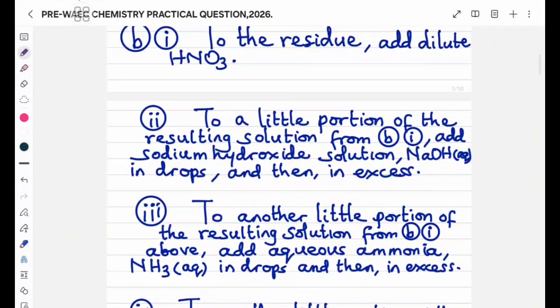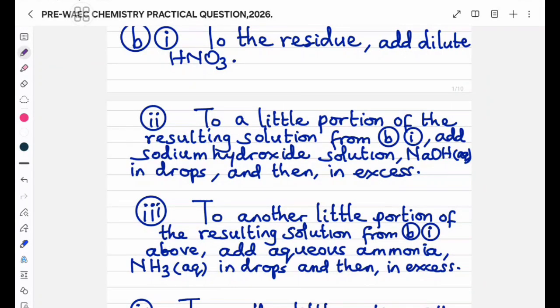You have to add sodium hydroxide solution first and foremost in drops. Don't forget I told you something about sodium hydroxide and aqueous ammonia. They are two commonly used precipitating reagents. That is, on adding them to a test solution, they form precipitates. So when you add sodium hydroxide in drops, either a precipitate is formed or not.